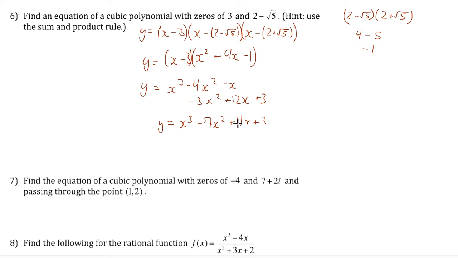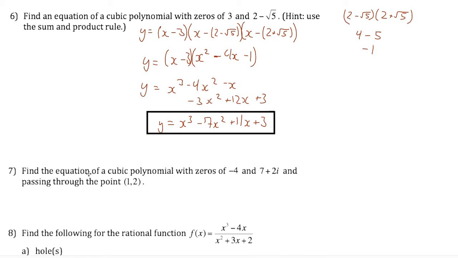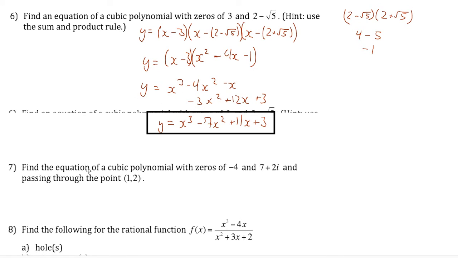And that's it. So understand the sum and product rule, know how to use that, know how to work that, and it makes this process easier. Could you have foiled this? Absolutely. But look at how much easier this was. And we're going to do that same process again. Oh boy.